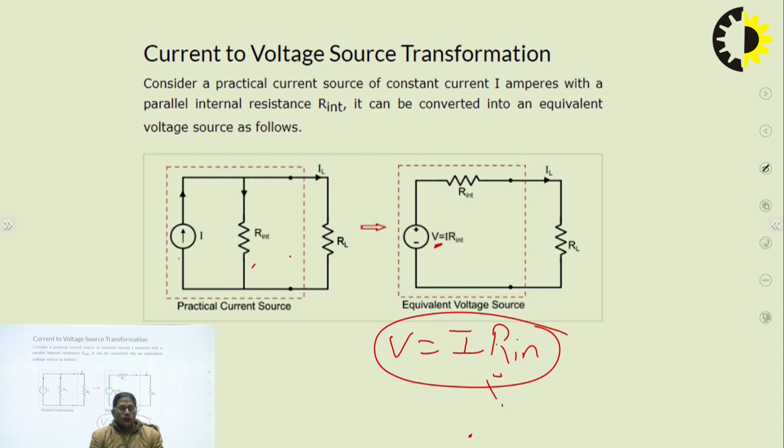So let's have some examples based on the source transformation. Let's go with the numerical. Using the source transformation technique, find V naught for the circuit being shown.